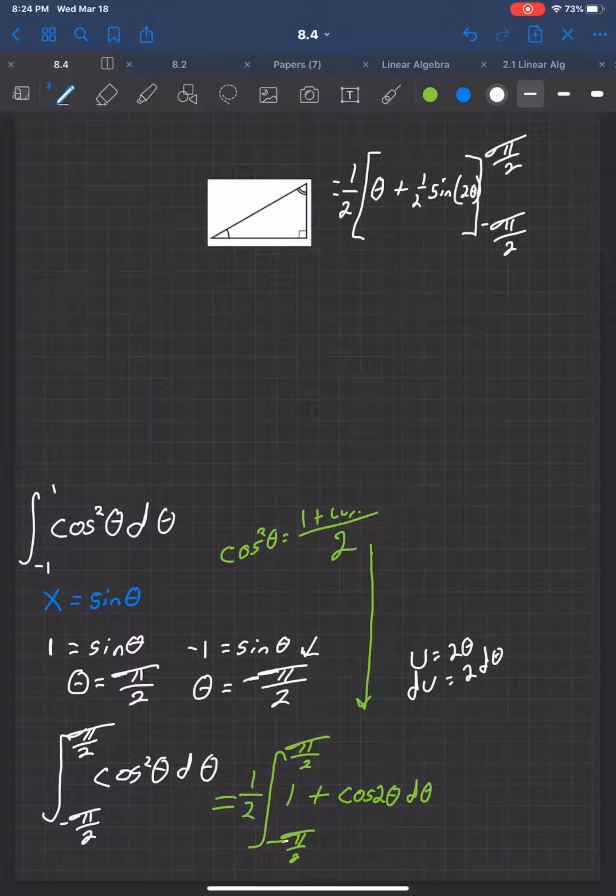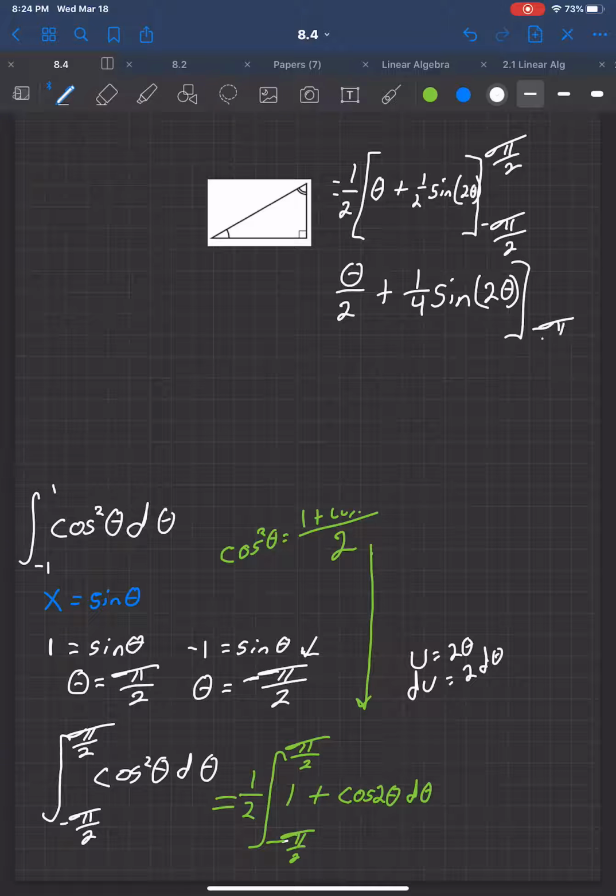So we end up with theta over 2 plus 1/4 sine of 2 theta. And we now need to substitute f of b minus f of a.